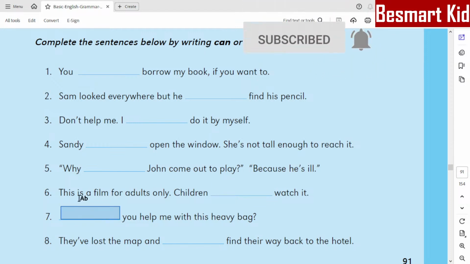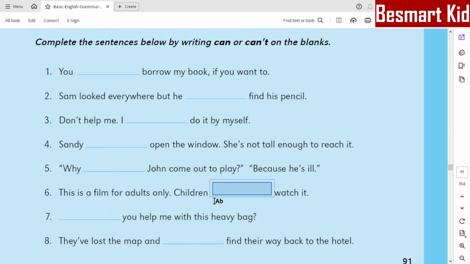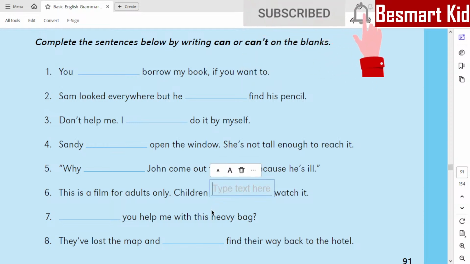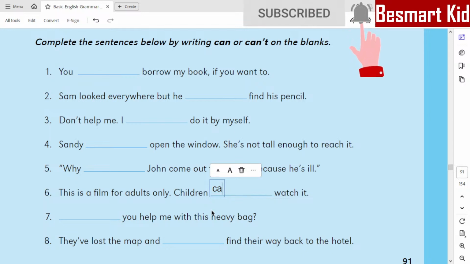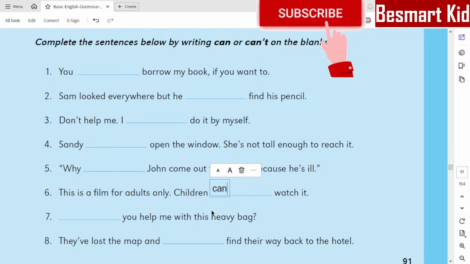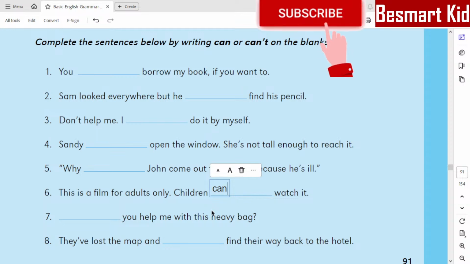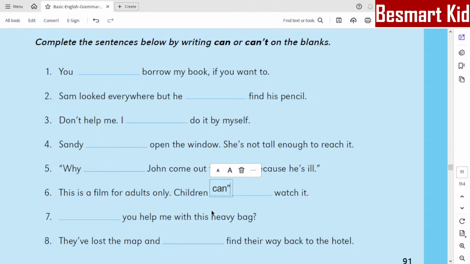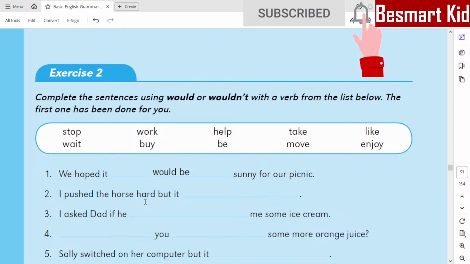So the children can't watch it. That was the answer.